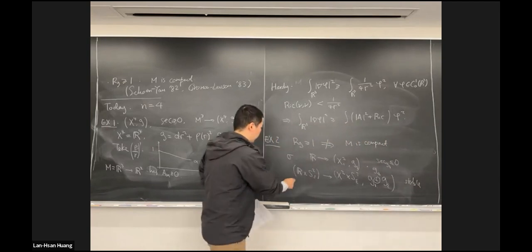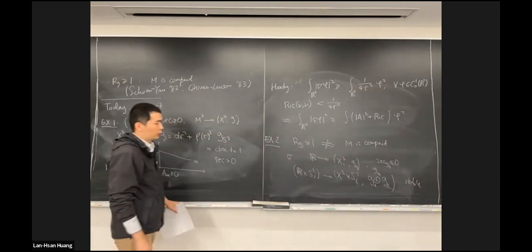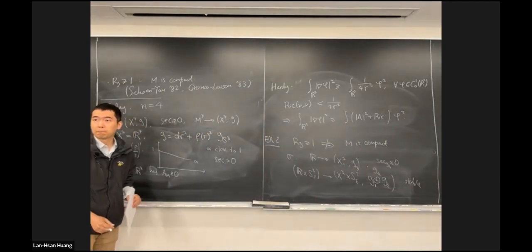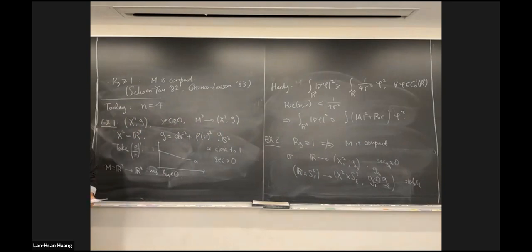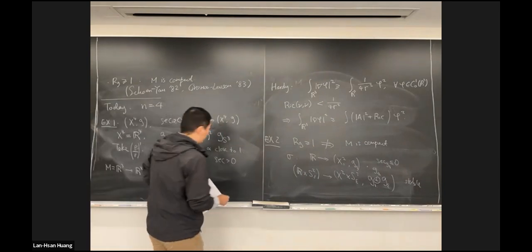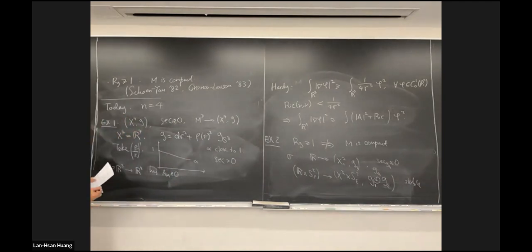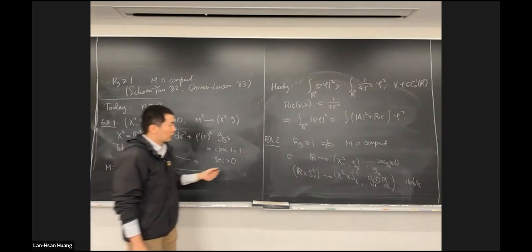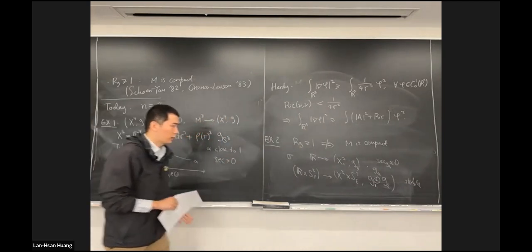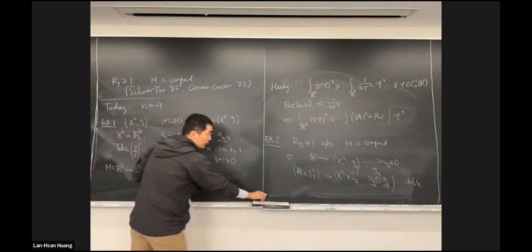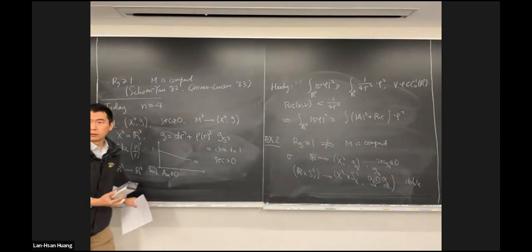But of course, the embedding R cross S2 epsilon is non-compact. Okay. So as we can see from these two examples, the condition that here we assume sectional curvature strictly positive, and the condition for R_G, let's say, strictly positive, bigger than 1, individually, they do not guarantee any interesting property.